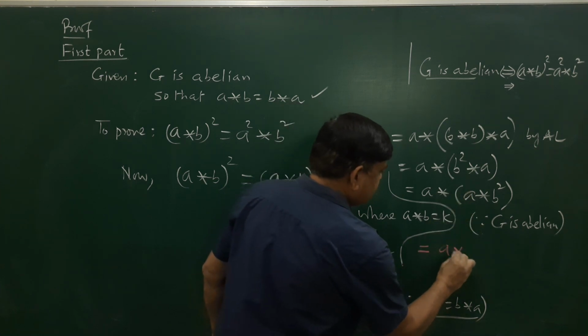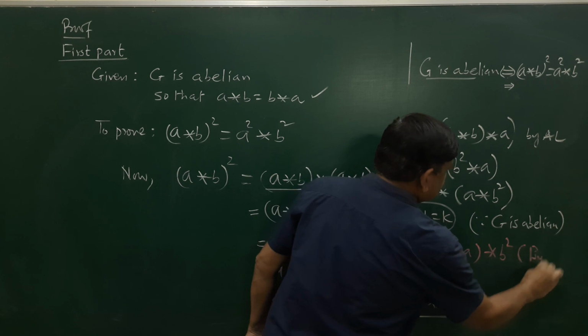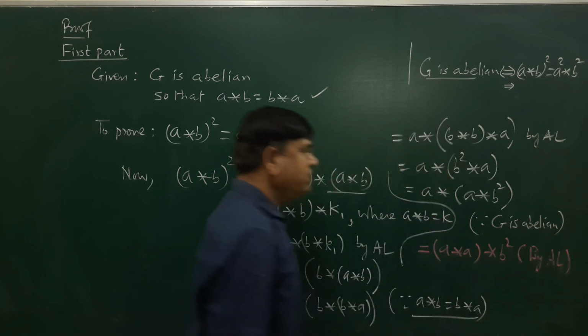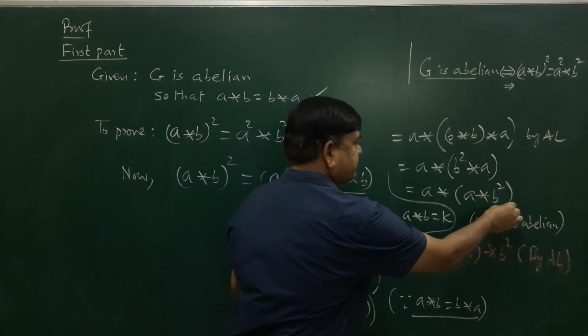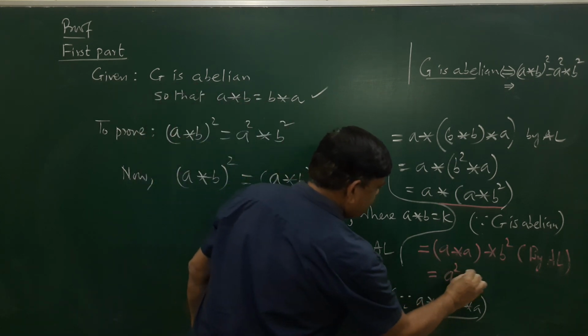This is b square by the associative law. Look at this. What is the meaning of this? We people know this.